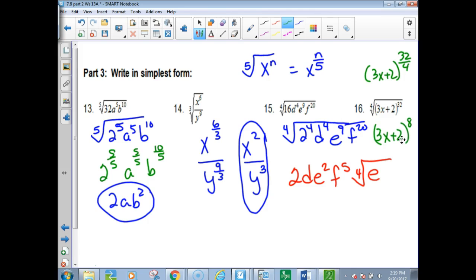And remember, you can't apply that power in because this is a sum, not a product. This would mean 3x plus 2 times 3x plus 2 times 3x plus 2 and so on. I don't want to multiply that out, so you can just leave it like that. Very long. Well, we will look at the binomial expansion theorem in the future and be able to figure out what the terms were.